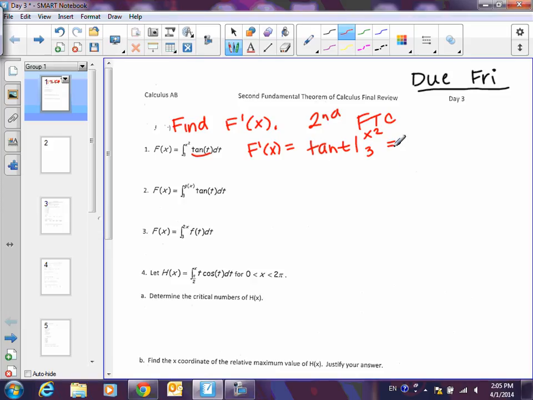Remember the first thing we do, we plug in the upper bound, tan x squared, and then we multiply by the derivative of that bound, which would be 2x. Minus, now we're going to plug in the lower bound, tan 3 times what?